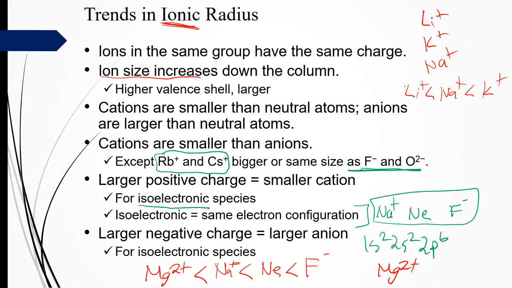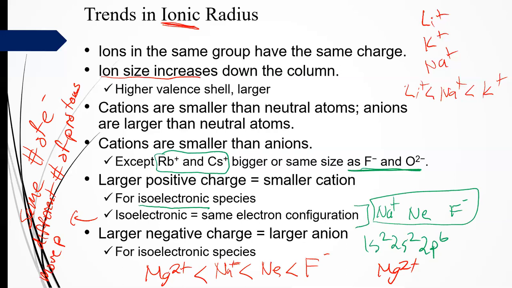So the thing about isoelectronic is that they all have the same number of electrons, which is why they have the same electron configuration, but they have a different number of protons. The more protons you have, the stronger the attraction.